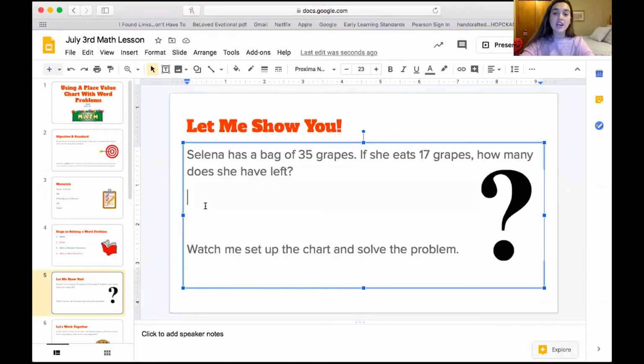All right, so here is our answer. Selena has 18 grapes left over. And there is our answer. As simple as that.